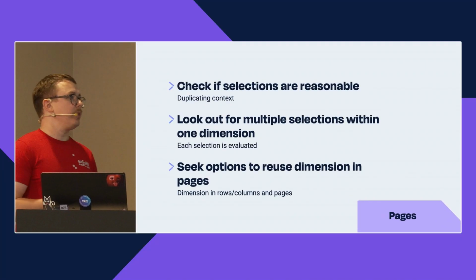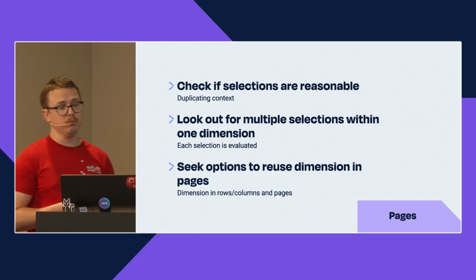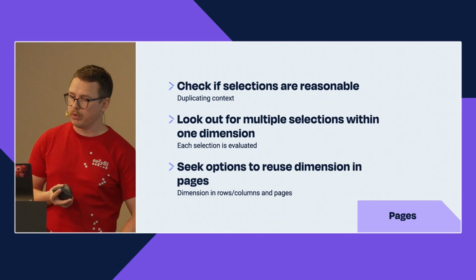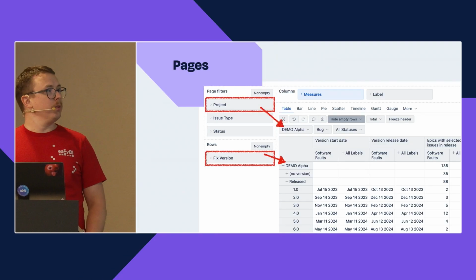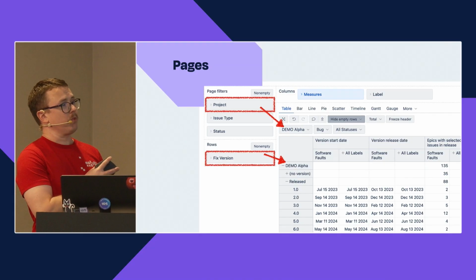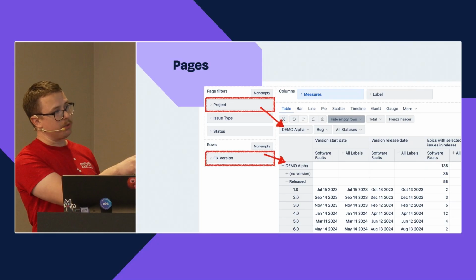So the third thing in the pages is seeking options to reuse dimensions that are already in the report. So in this example, the report is filtered by projects, issue types, and statuses by fixed version, and there are some metrics regarding them.